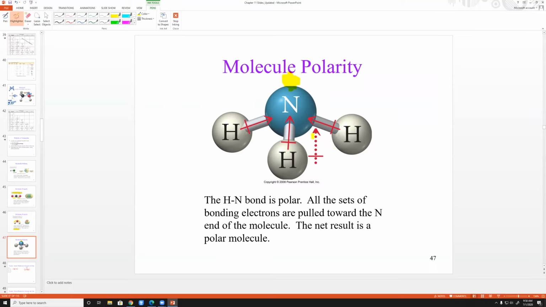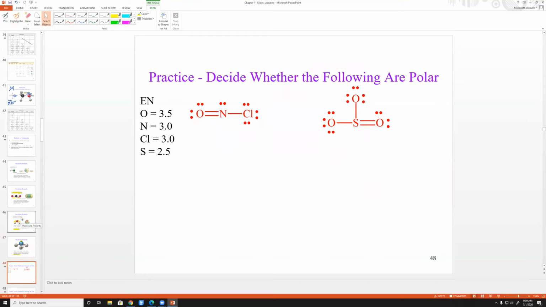Because it's a tripod, that makes the bonding asymmetrical. Your hydrogens have low electronegativity, so they don't want electrons. Your nitrogen is going to be the most electronegative, so the net movement of electrons will be towards the nitrogen, making the result a polar molecule. So from knowing the shapes, you can figure out the polarity.